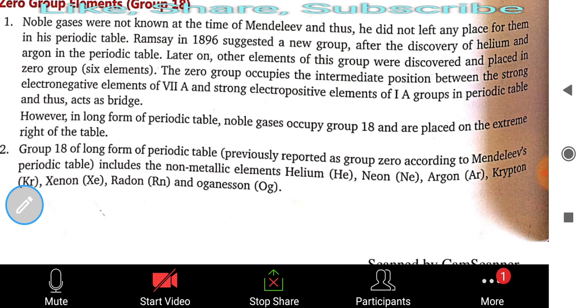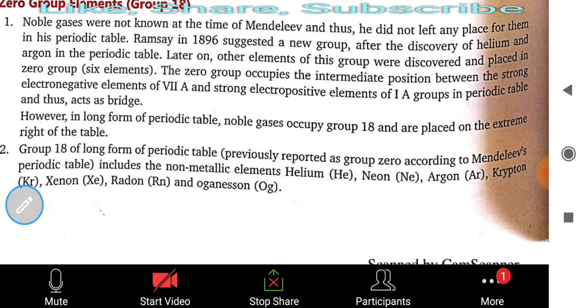The zero group occupies the intermediate position between the strongly electronegative elements of group 7A and strongly electropositive elements of group 1A in the periodic table and thus acts as a bridge. If you see the position of group 18 in the periodic table, it is intermediate between the strongly electronegative elements of 7A group and electropositive elements of 1A group.